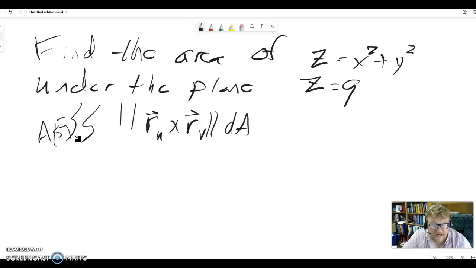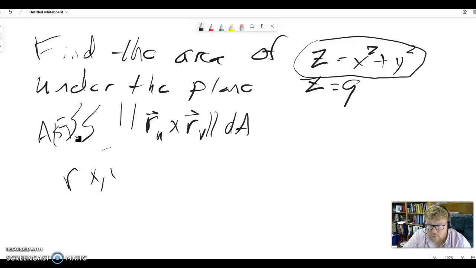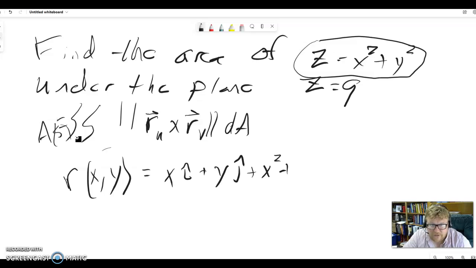The plane is what's cutting us off, so this is really our function. I'm just going to write r of x and y, and keep it really simple: x i hat plus y j hat plus x squared plus y squared k hat.